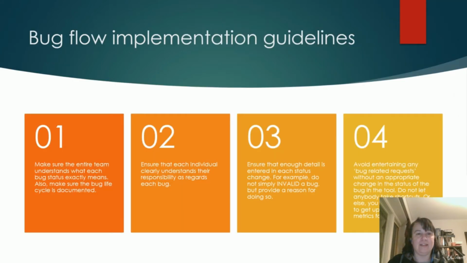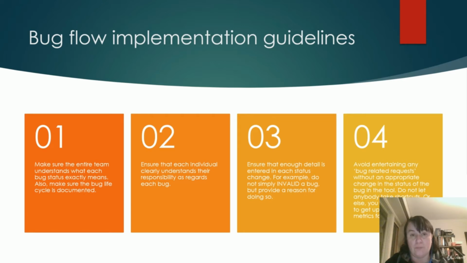All right. And so here are some of the guidelines on how to implement the bug flow. Really important, I can't stress this enough. Make sure that the entire team understands what each bug status exactly means. And that doesn't mean only QA and developers.